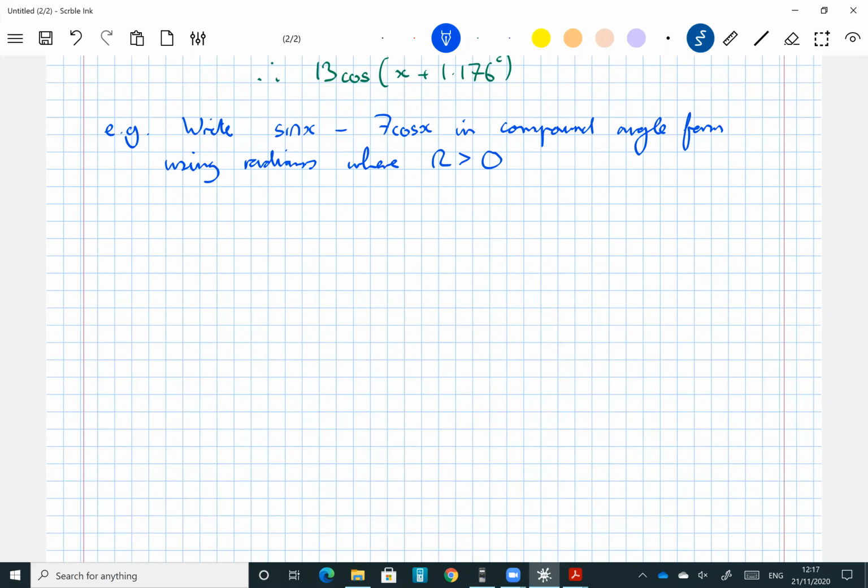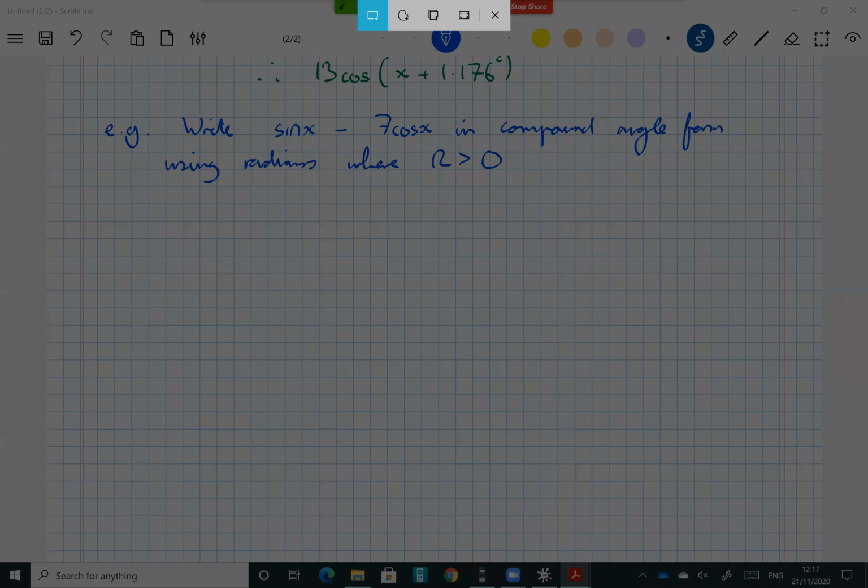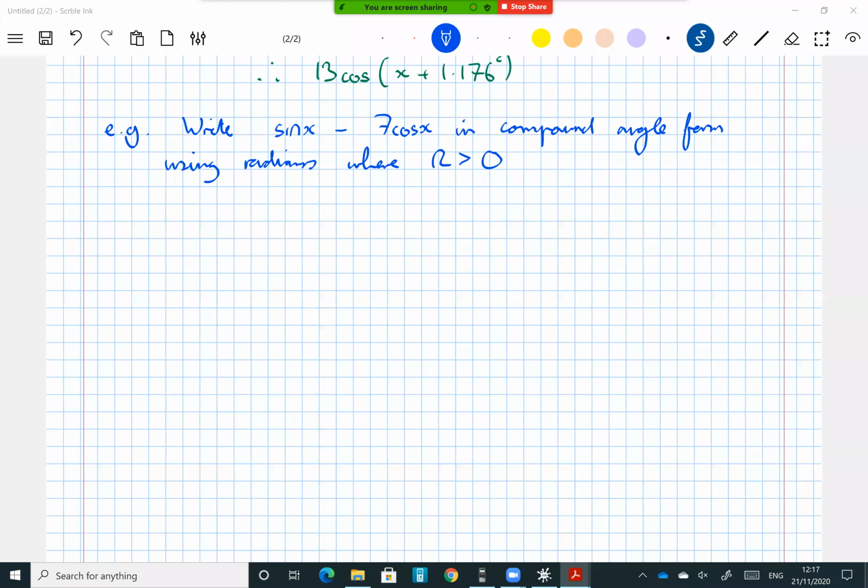So it's our job now to decide which is the best expansion to use. So I'll just put the trig formulae there.